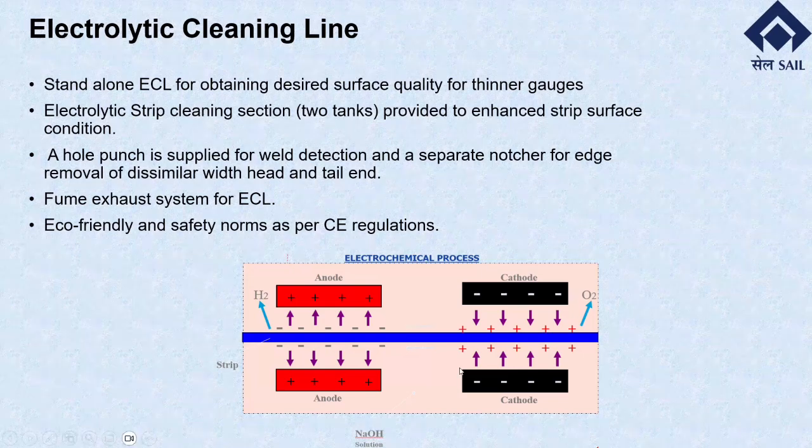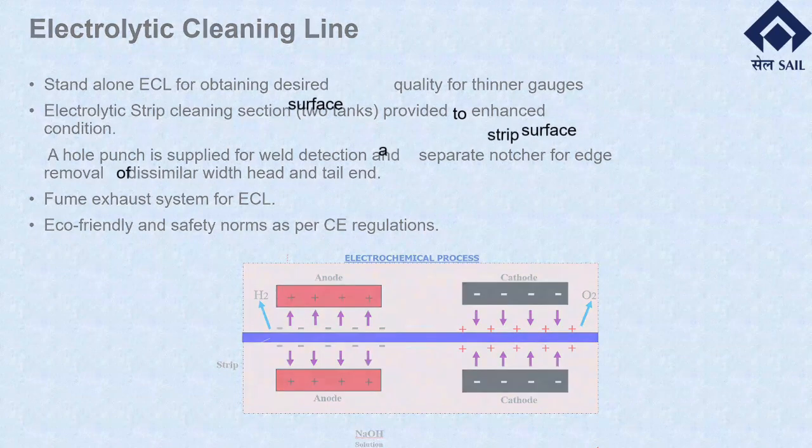We clean the steel surface with the help of an electrochemical process using alkalis like NaOH and KOH, sodium hydroxide and potassium hydroxide. Due to this process, the reflectance of our product increases many a times.